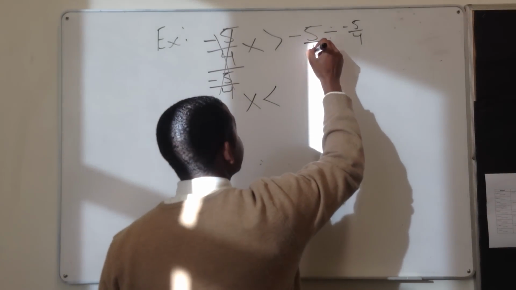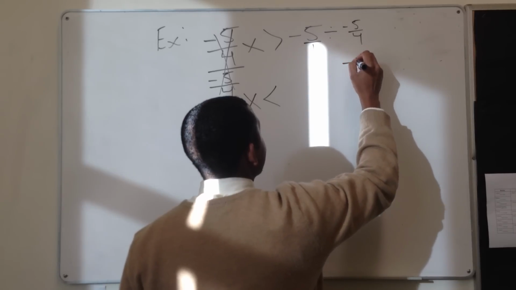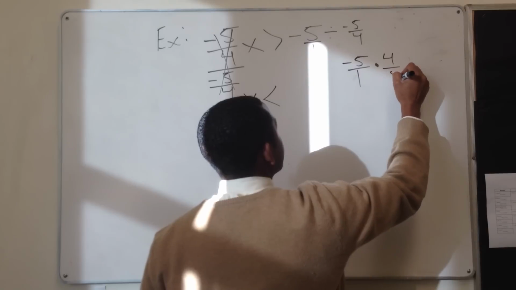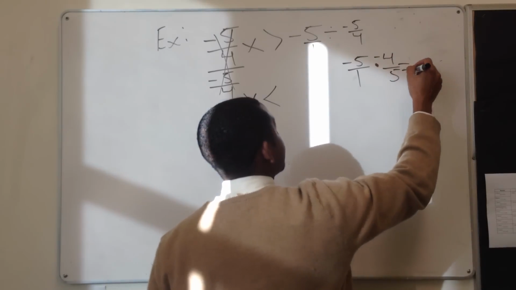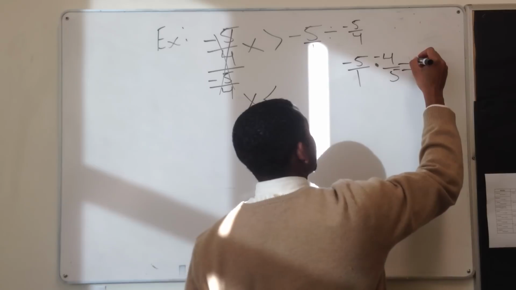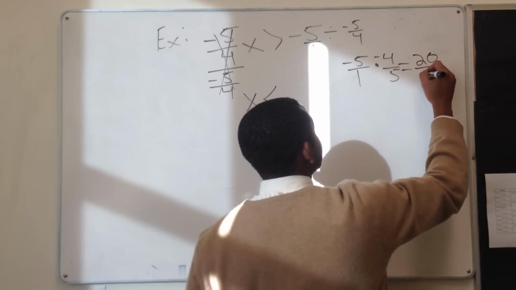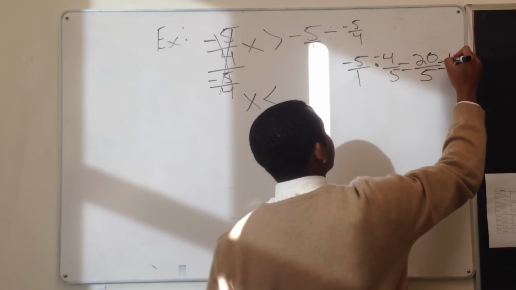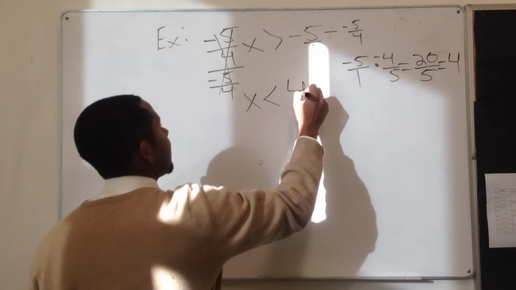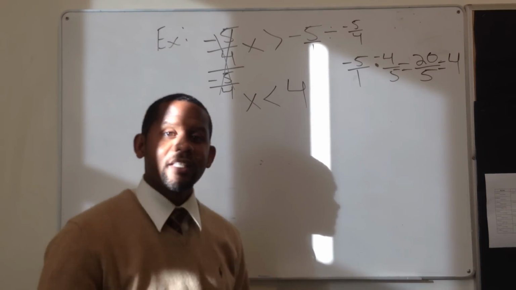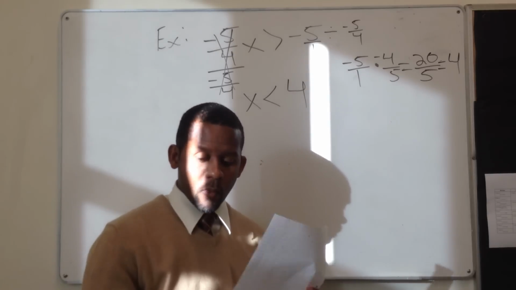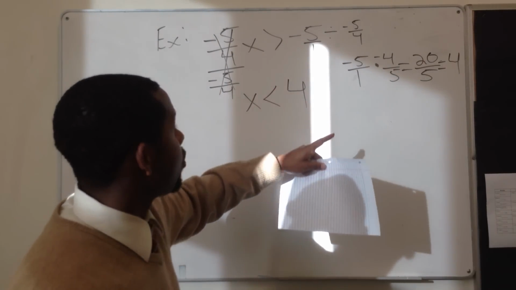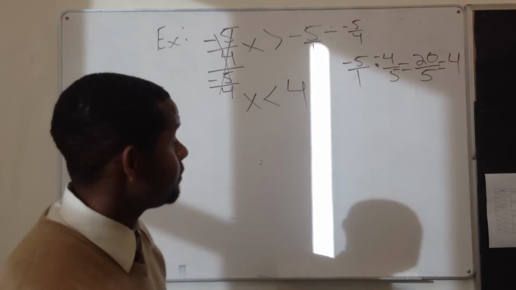To actually divide this, I need to do negative 5 over 1 times negative 4 over 5. Negative 5 times negative 4 is positive 20. 1 times 5 is 5. 20 divided by 5 is 4. My answer here is x is less than 4. Hopefully, you got that before me. Pay attention to the signs and the way that they are pointing, okay?